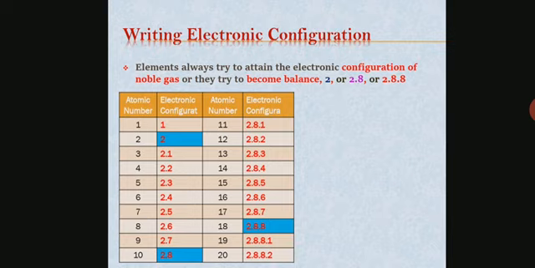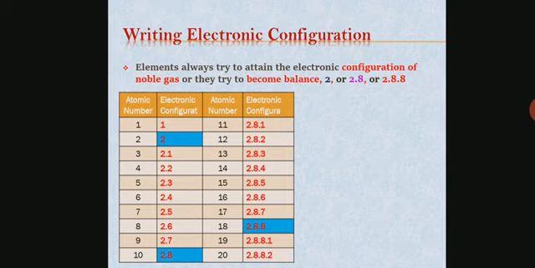In the same way, it will go up to atomic number 18. If atomic number is 18, then electronic configuration becomes 2.8.8. So 2.8 is 10, 10 plus 8 is 18. So the maximum capacity of the third orbit is also 8, not more than 8.